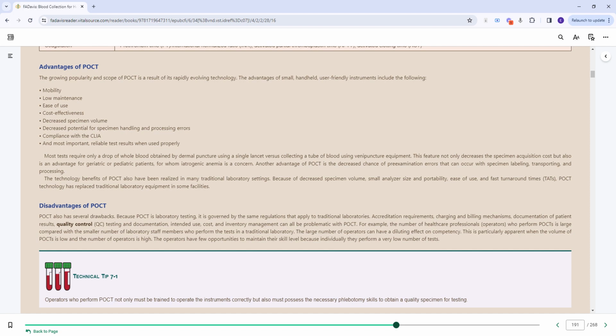Patients still have to be charged or billed. There still needs to be documentation of the patient results. Quality control testing has to happen. And then there's inventory management, because point of care tests are going to be individual tests with some other stuff that goes along with them. So again, not a disadvantage, but just things to keep in mind.